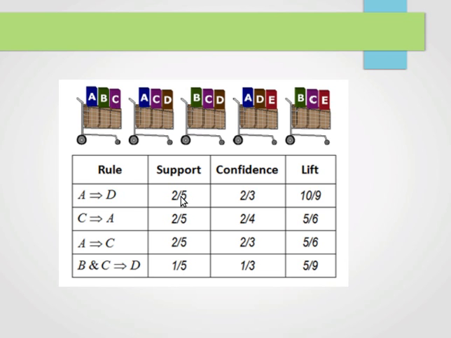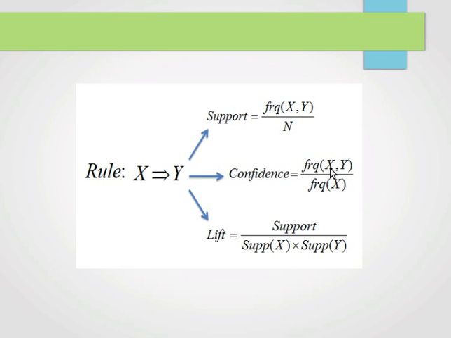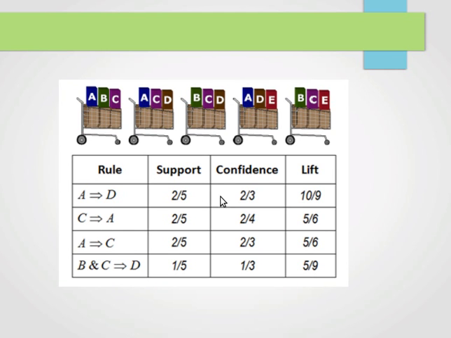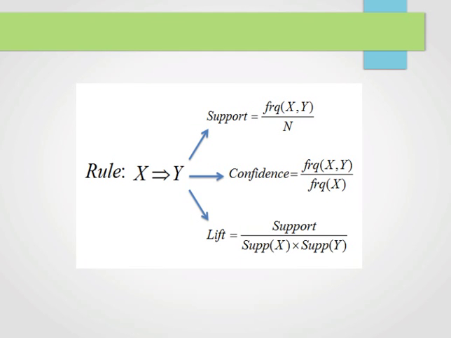That's the support. And then the confidence, we said, is the frequency of X and Y together over the frequency of X. So the frequency of A and D is 2, and then the frequency of A: 1, 2, 3, so A appears 3 times in the transactions. We continue in the same way. We can also compute the lift as we mentioned here.